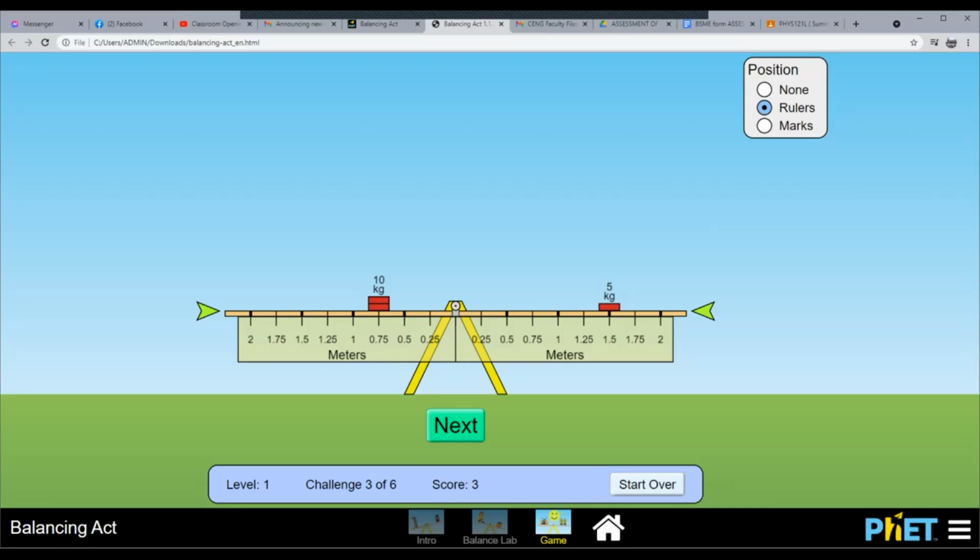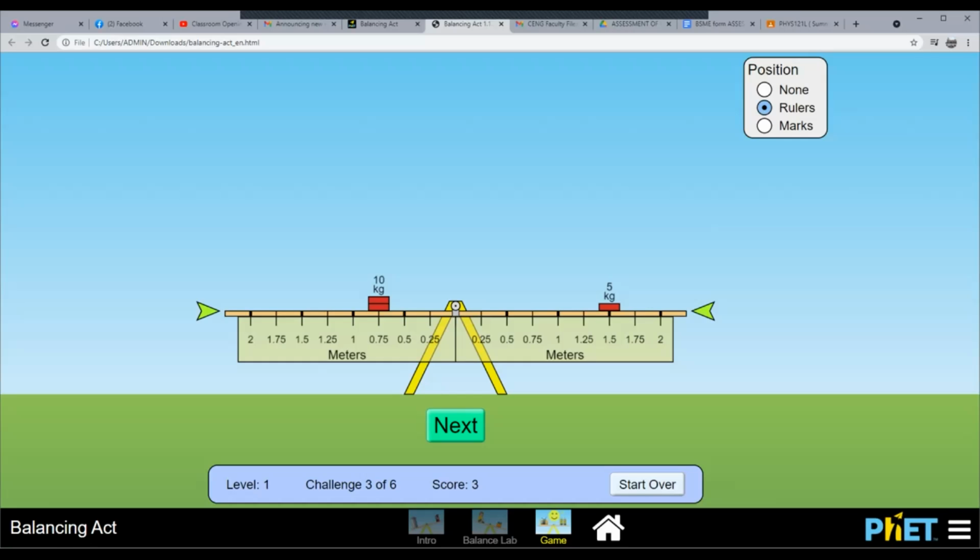Sige, so let us analyze this first before we go to the next problem. The 10 kilogram is at 0.75 meter from the fulcrum support dun sa center, while this one is a 5 kilogram and it is at 1.5 distance from the fulcrum.